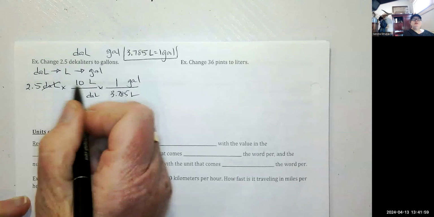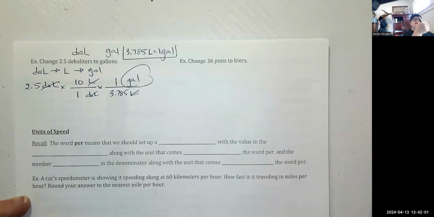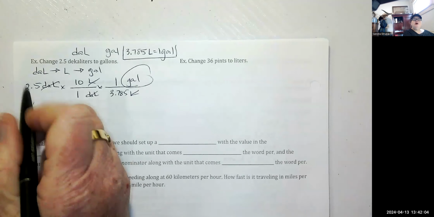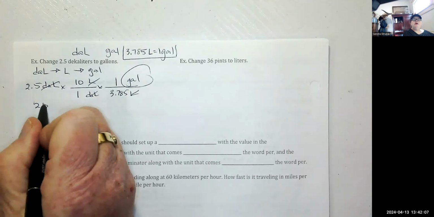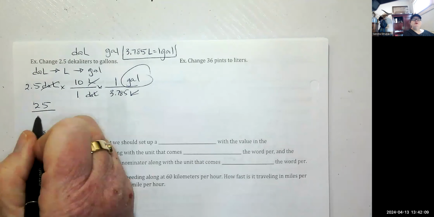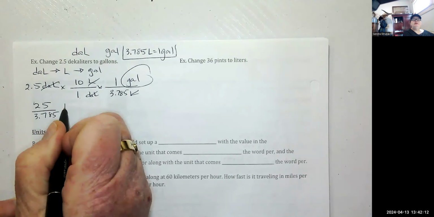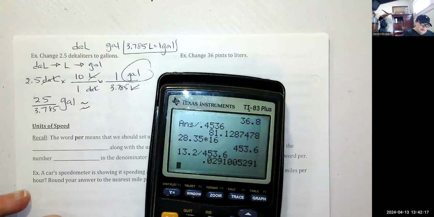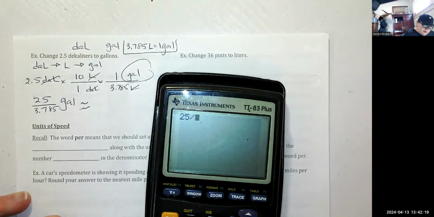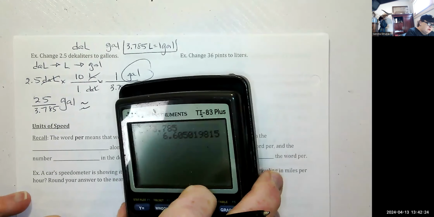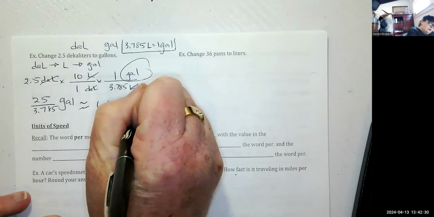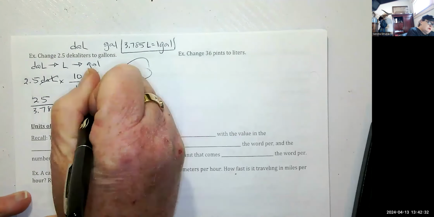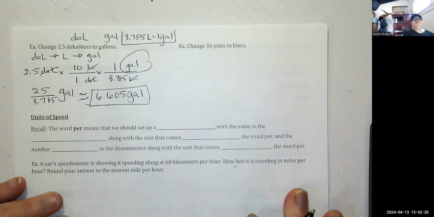Multiplying straight across, decaliters is gone, liters is gone, we're left with gallons, which is what we want. So 2.5 times 10 is 25 over 1 times 3.785, and this is gallons. 25 divided by 3.785 is 6.6, let's just go with 6.605 gallons, and that is equivalent to about 2.5 decaliters.